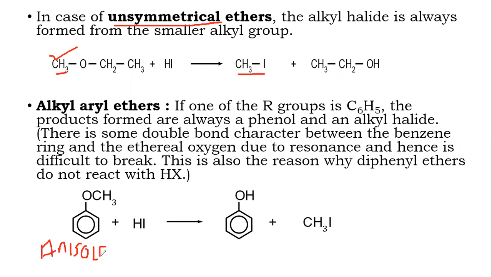It is also called methoxybenzene. So, when methoxybenzene or anisole reacts with hydrogen iodide, the smaller part will form the alkyl halide and the bigger part will combine with the hydrogen to form phenol.